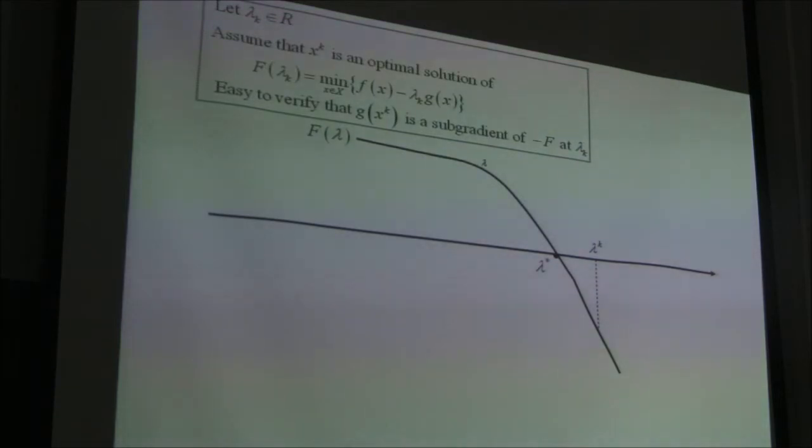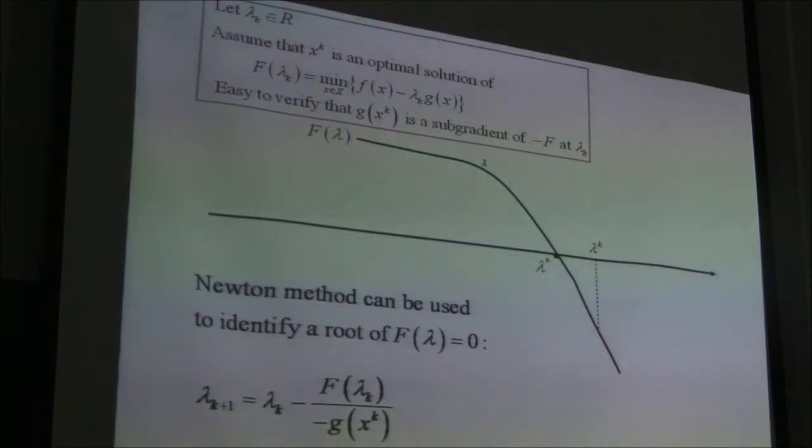So, based on this observation, we can use the idea behind the Newton procedure to find the 0 of the function f of lambda.